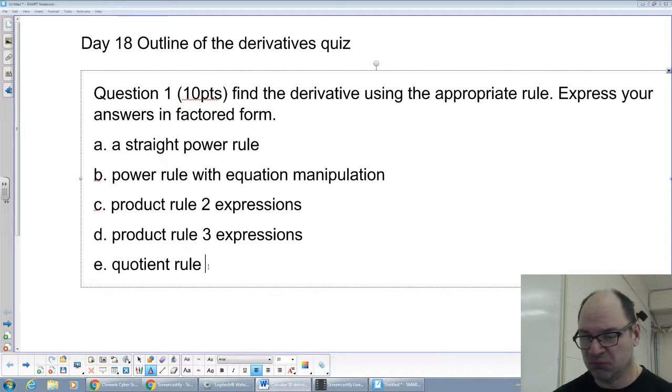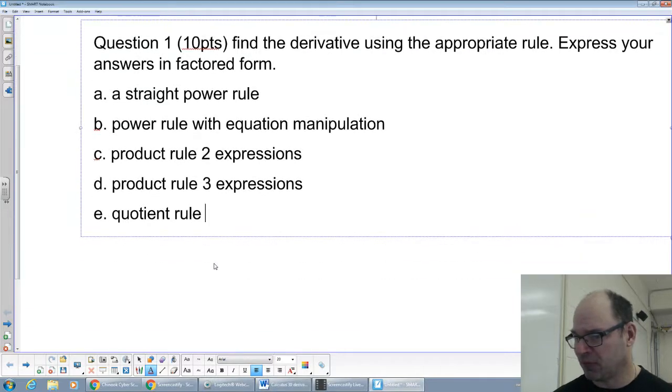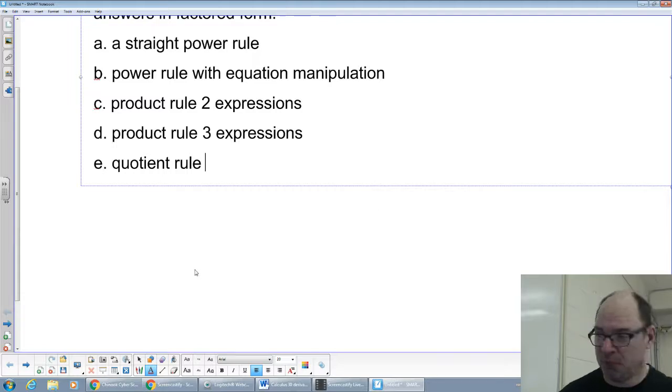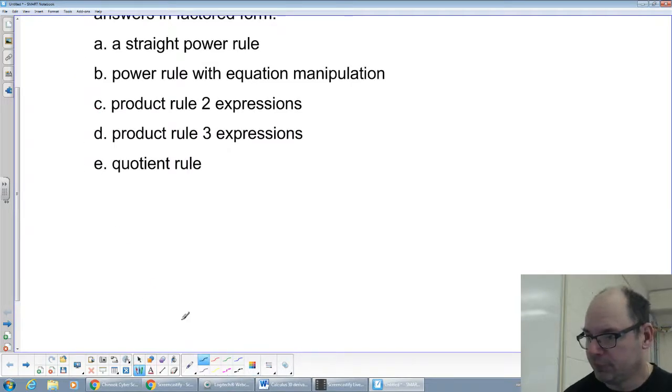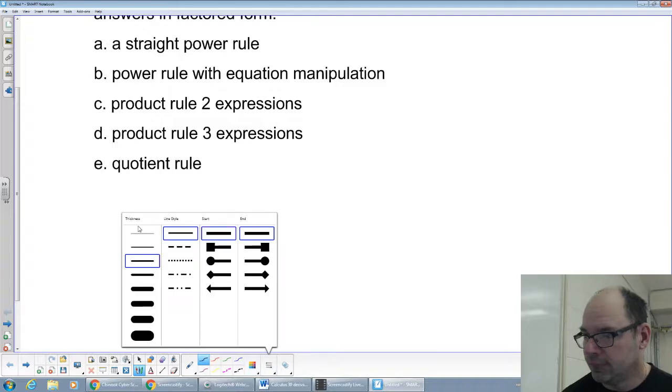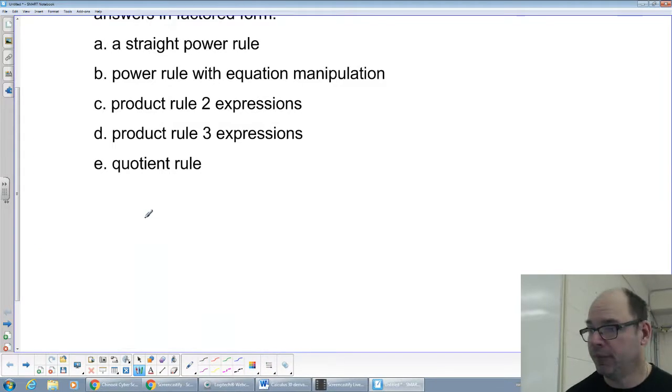Now let's maybe do a simple example or two. Power rule is pretty straightforward. So let's do a 3 product rule, that'd be the hardest one we've got.